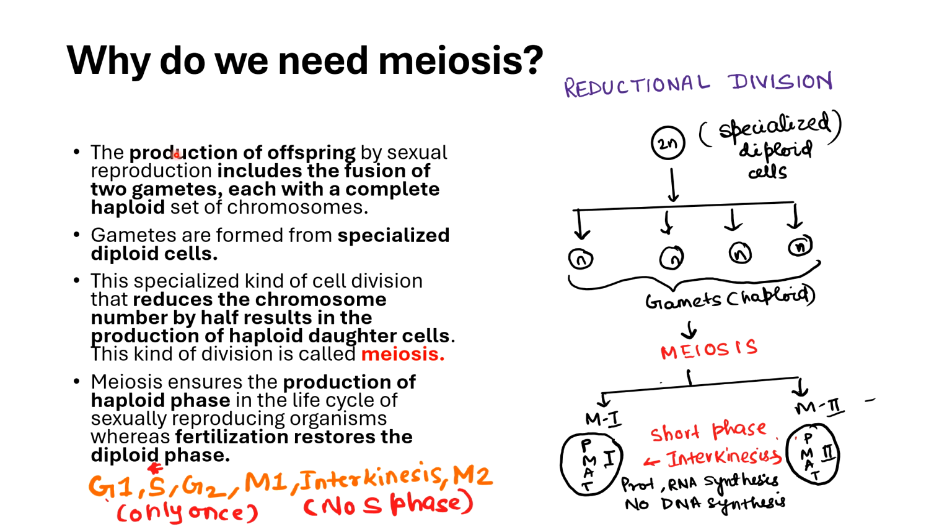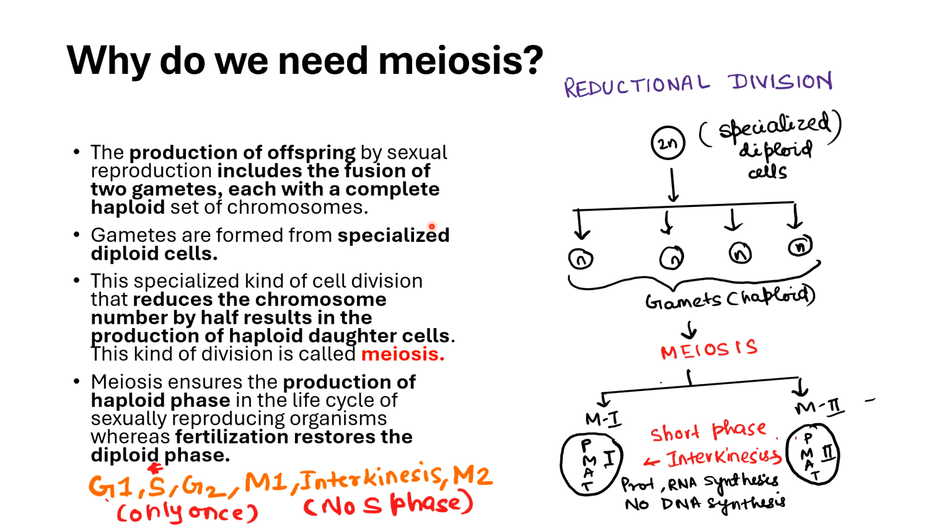Now, in organisms that reproduce by sexual reproduction, we get one gamete from the male parent and another gamete from the female parent. So in that case, how do we restore the chromosome number?